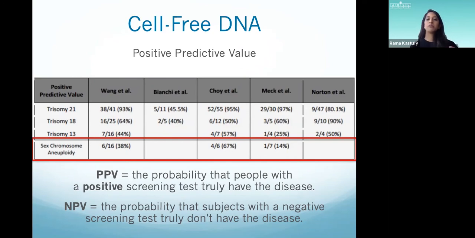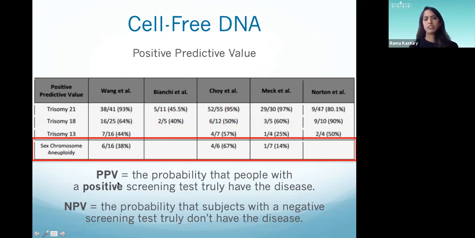But as we've learned more and more about different variations that can occur with our chromosomes, sex chromosome variations, we now know that they happen quite frequently. And so, unfortunately, the positive predictive value is not as high as for Down syndrome and trisomy 18.